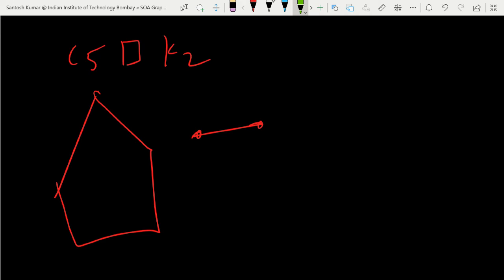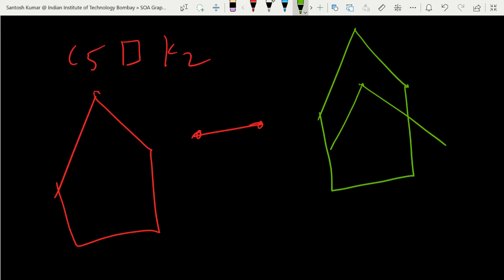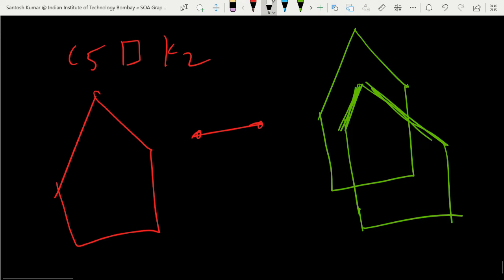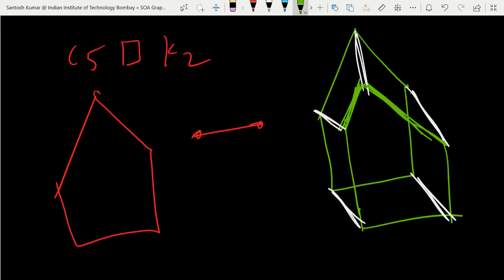So you can join first K2, second K2, third K2, a fourth one and a fifth one, like this. So what do you see? What is the edge chromatic number here?